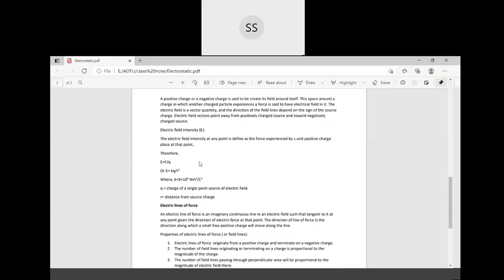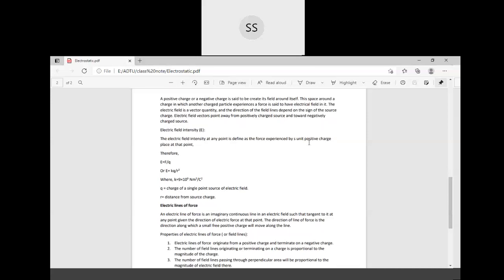The electric field intensity at any point is defined as the force experienced by a unit positive charge placed at that point. So electric field intensity is the force experienced by the unit positive charge at any point of the electric field.